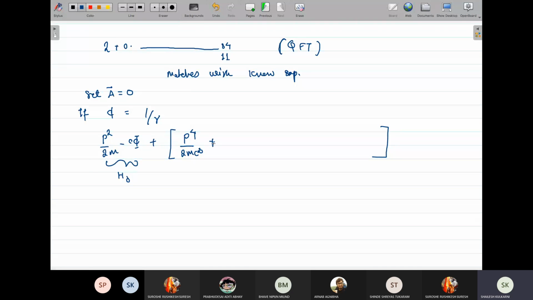Then there will be some other term which depends on the gradient of phi. I am not precise here, there are some numbers.